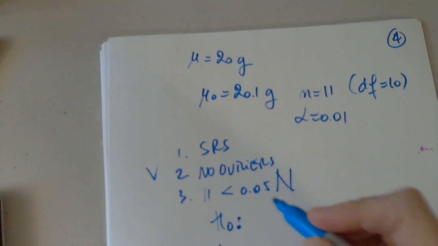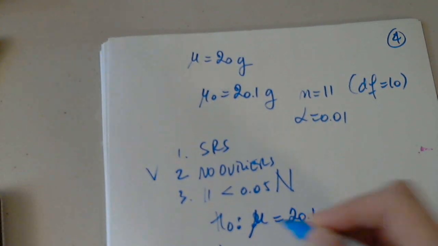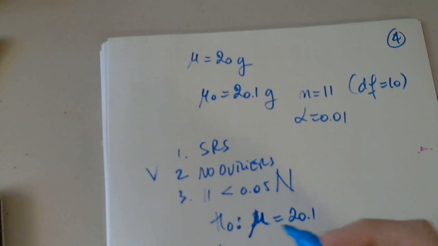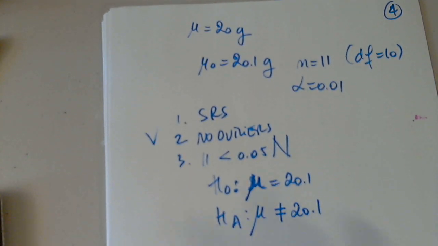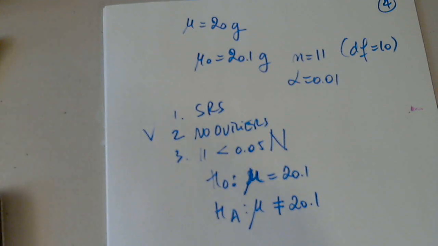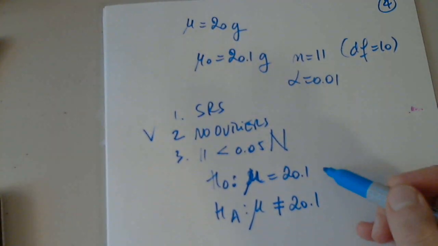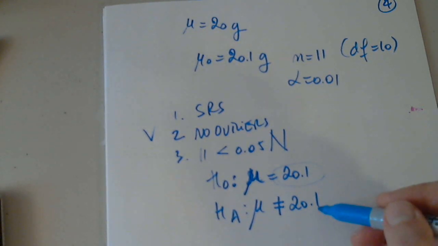So he calibrated the machine to have mu equals 20.1. And he's not sure whether this is going to be greater or less. He only says, what if it's not that? That is the only concern he has. What if it's not what the machine should give? This is what I calibrated the machine for, but what if it's not that?